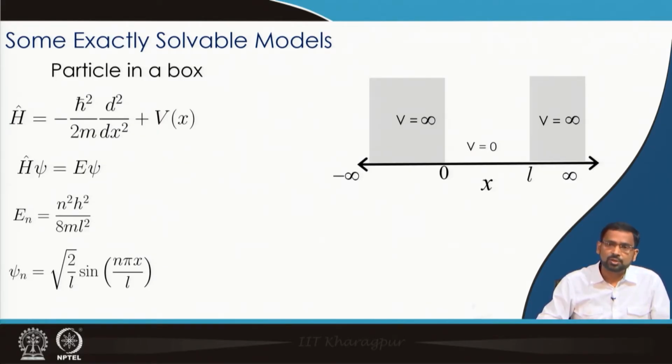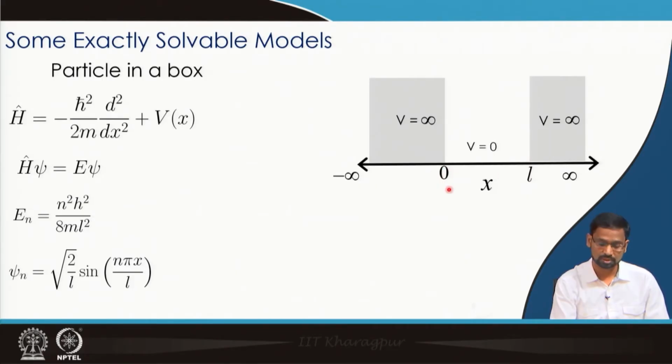Now, if the electron experiences an infinitely high potential barrier to escape this box, that means to escape this molecular environment, we normally define our potential in this manner, where this is the x axis which goes from minus infinity to plus infinity. The electron or the particle experiences a potential of 0, that means it does not experience any potential energy within the box, within this 0 and L.